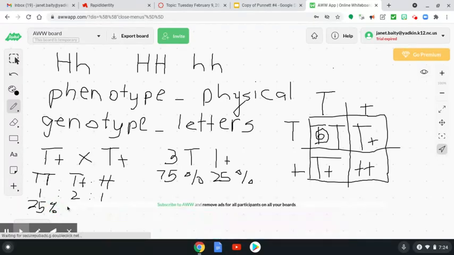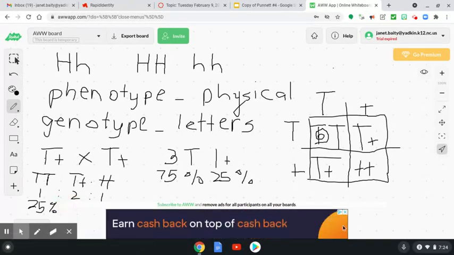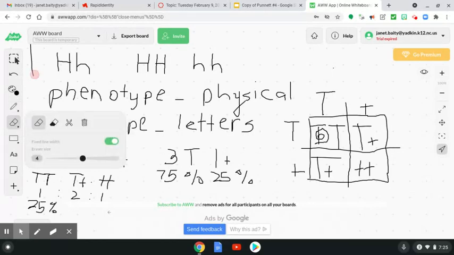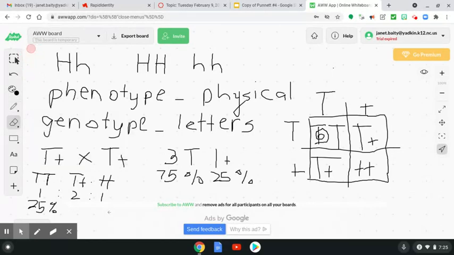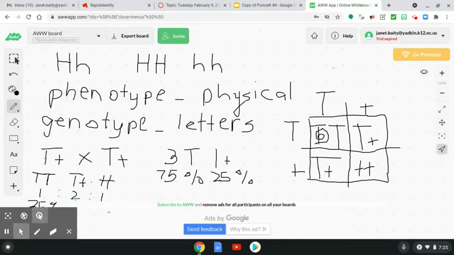Let me erase this. This is going to be 50% because there's 2 boxes.